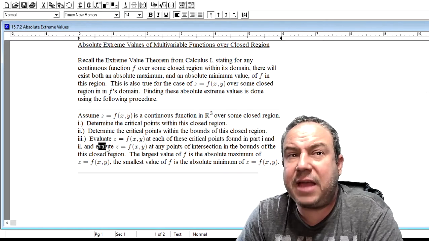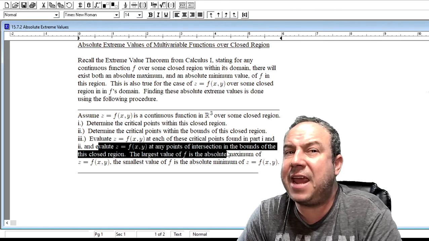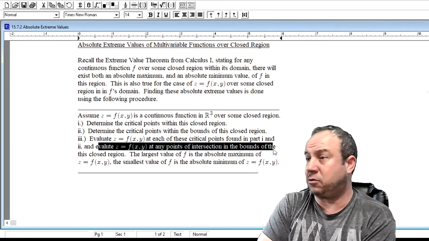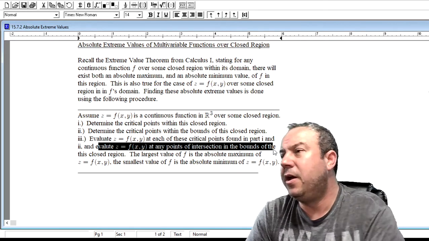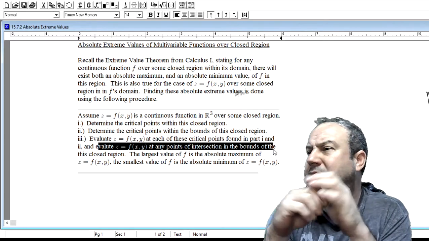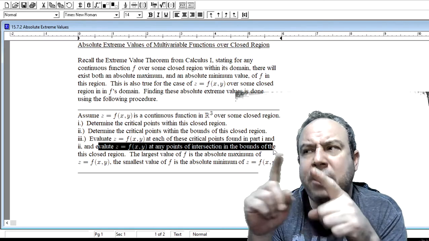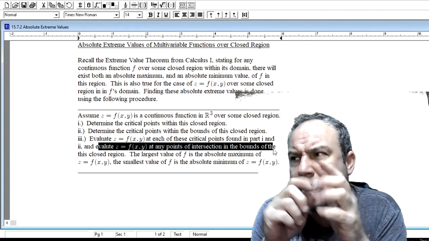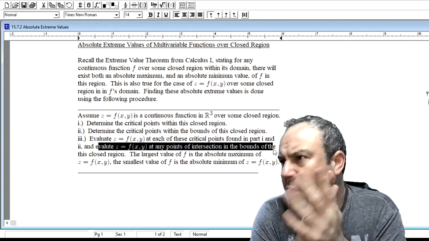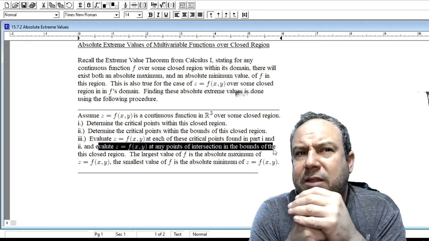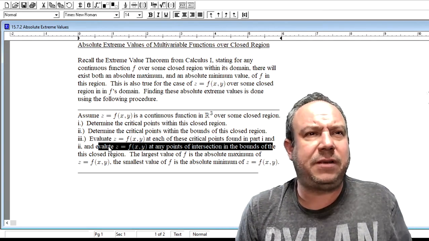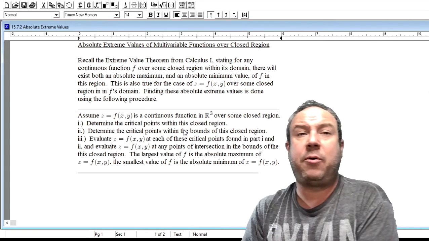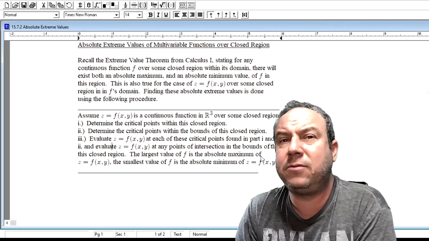Along with that, you're going to evaluate the function at any points of intersection in the bounds of these closed regions. You're going to look where any bound happens to come together and intersect some other bound. There's a possibility that the point where those two bounds intersect is a critical value. So you evaluate z equal to f of x comma y at any point of intersection within those bounds.